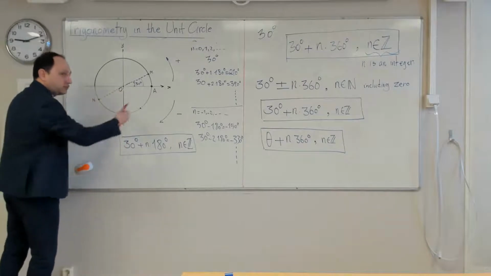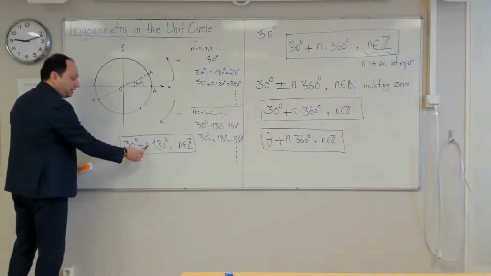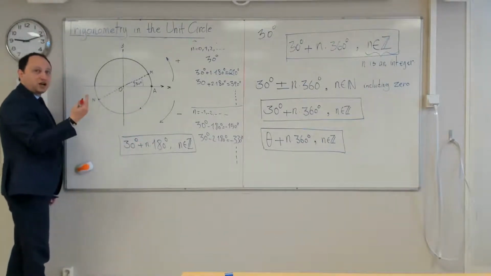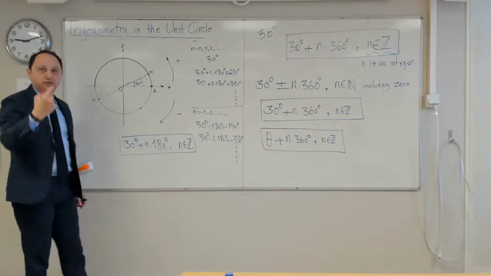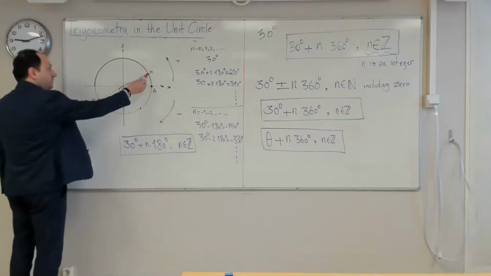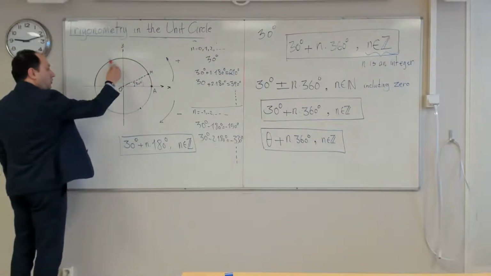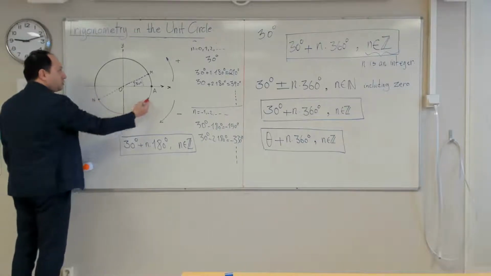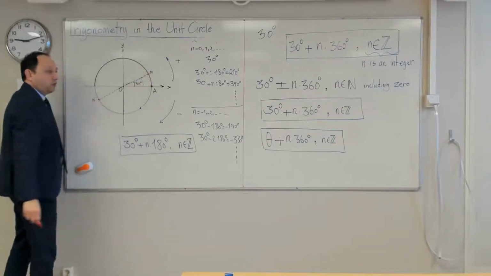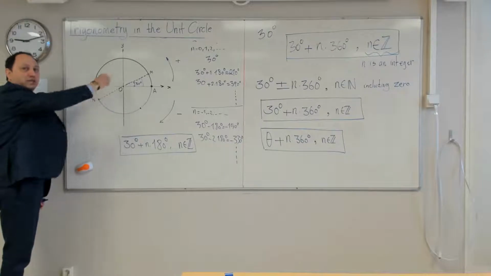But I have to continue. When I put n equal to 2, it means that I go 2 half circles, which means one full round. So if I start here, I go here, this will generate one angle for me, but then I will return to the same point, and this process will repeat itself.